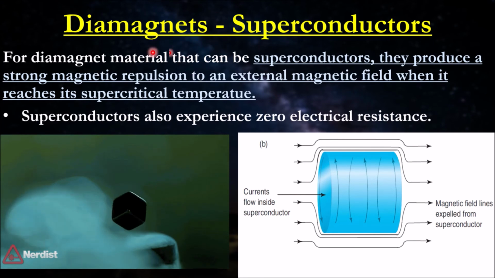One of the most famous examples of diamagnets, so really weak repulsion magnets, is superconductors. Superconductors was in the old syllabus, but we don't really talk about it anymore, but it's worth quickly mentioning. Diamagnets, in the case of potential superconductors, cause a really strong magnetic repulsion when exposed to an external magnetic field.